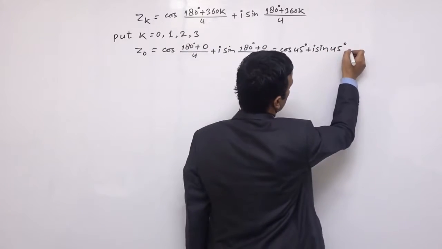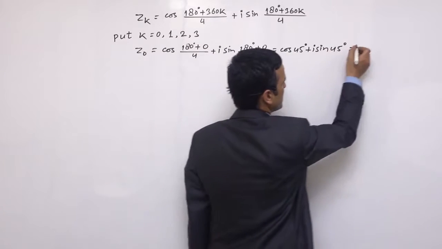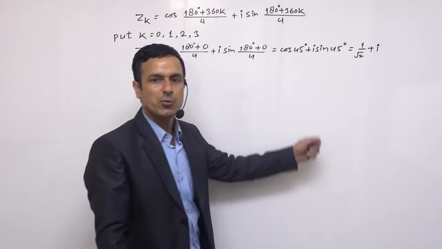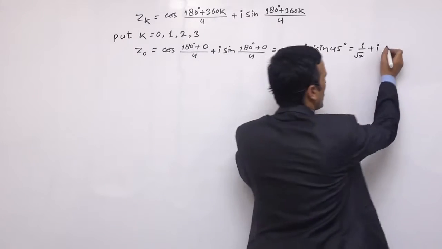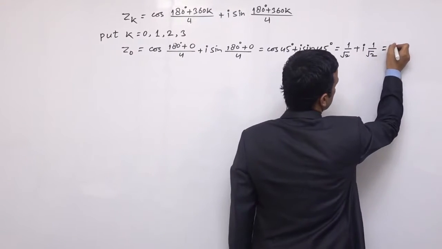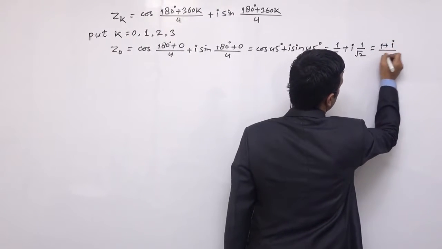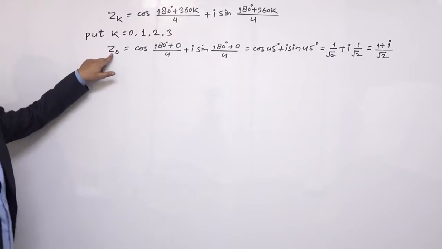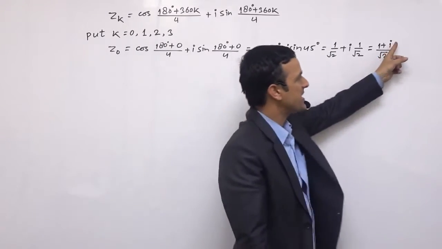If you solve it, cos 45 means 1 upon root 2 plus sin 45 is also 1 upon root 2. So after taking the LCM we get (1 plus i) divided by root 2. So one of the solutions is this one, (1 plus i) upon root 2.